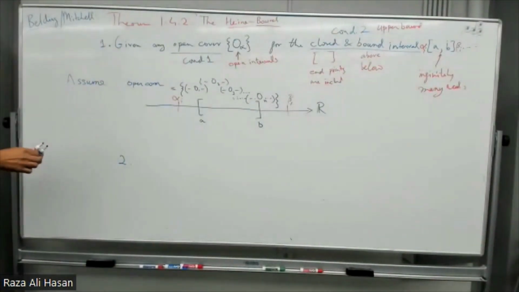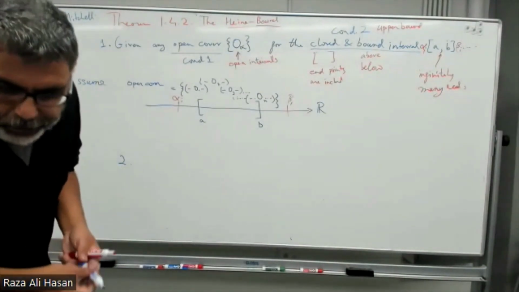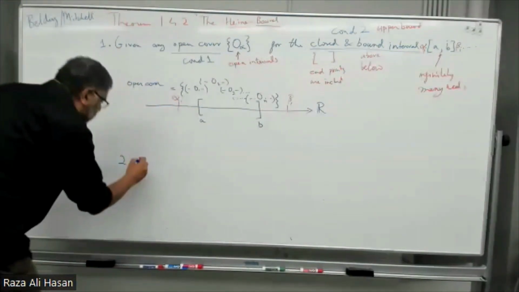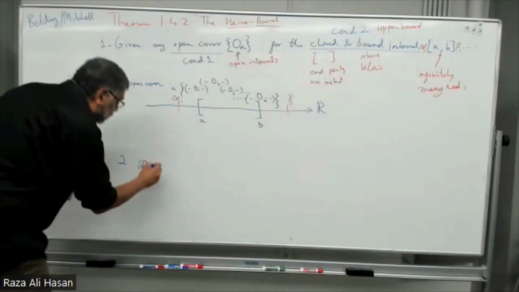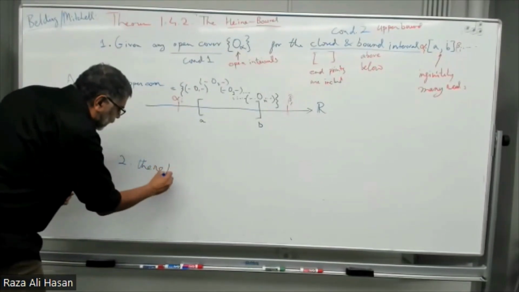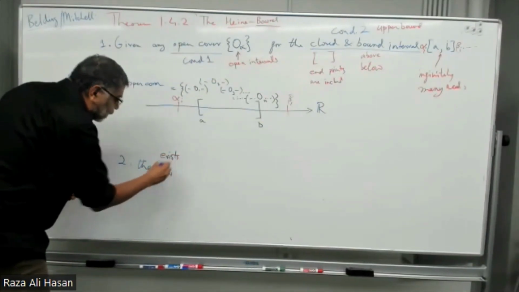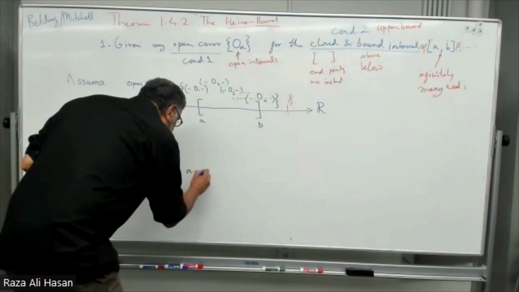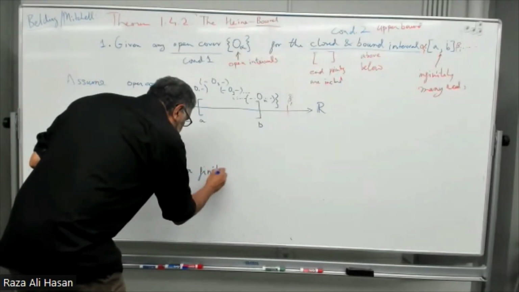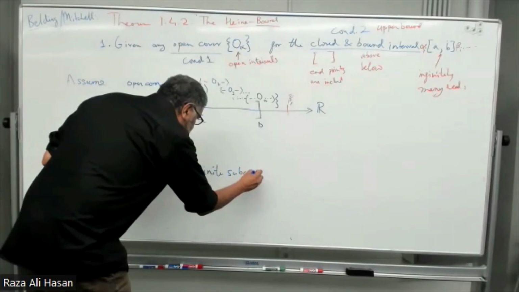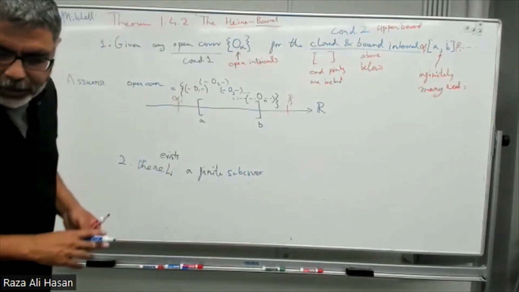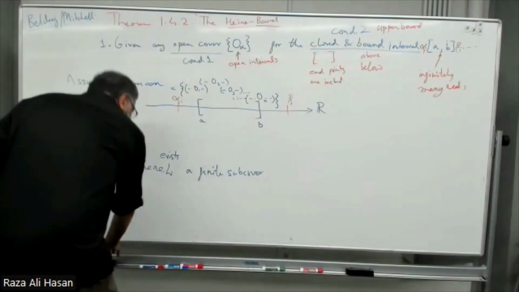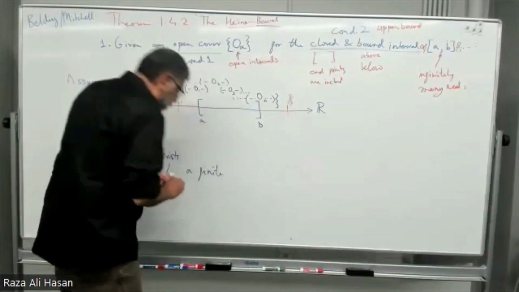And what we want to show is, if this is the case, then there exists, I'm going to add that word here just to make it sound like a theorem, because the book doesn't have it like that. There exists a finite subcover. The book says a finite subcollection of sets in the cover, which I don't like, but let's just do that.